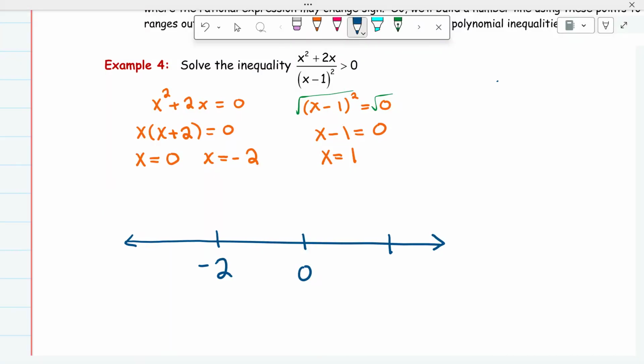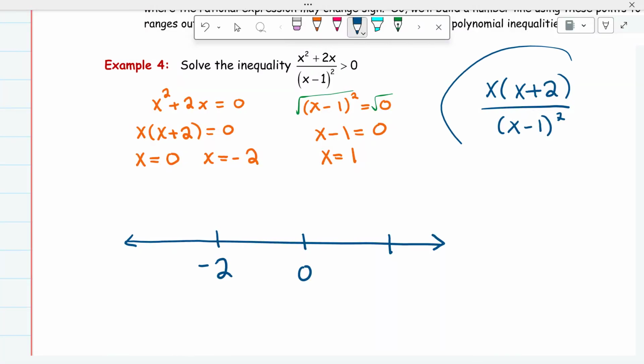If I'm picturing my function, just so you guys can see, this is what I'm looking at when I put my test values in. So test x equals, yes, the bottom will always be positive, so we can just test the function.